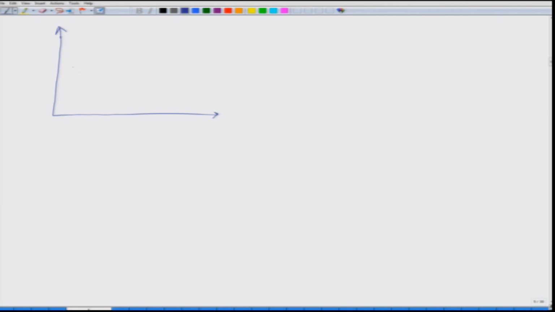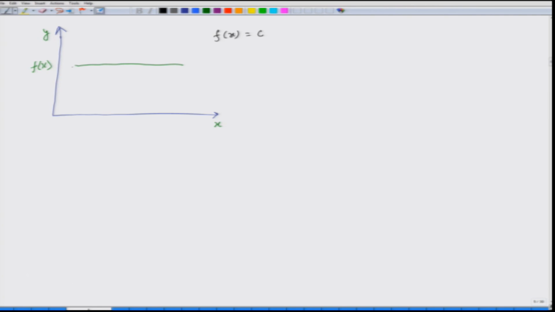So, suppose I have a function. This is my x axis, that is my y axis, and this is my y equals some function of x. In this case f x is equal to a constant c.